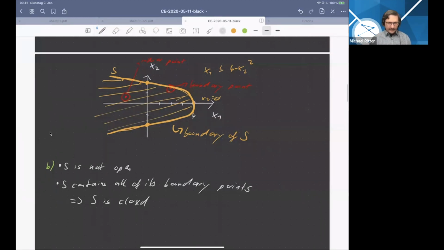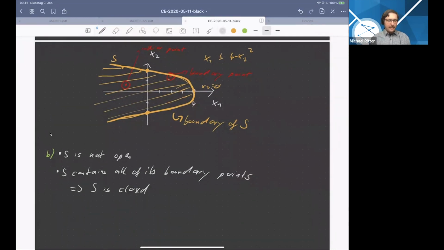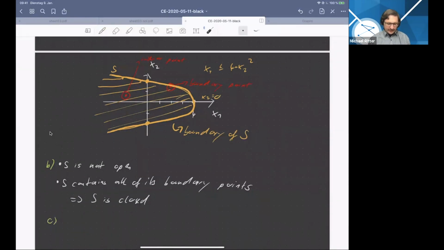And finally, let's have a look at boundedness. That's part C. Is that set bounded? The precise definition of boundedness was there is some disk around the origin that contains that whole set, or some ball in general dimensions around the origin that contains that whole set. So here's the origin. Let's try to draw a ball around that contains the whole set.